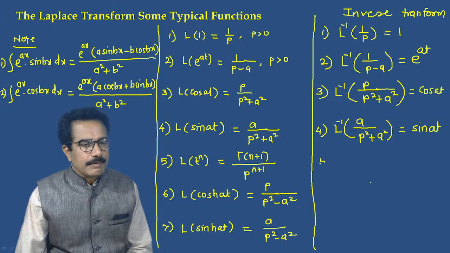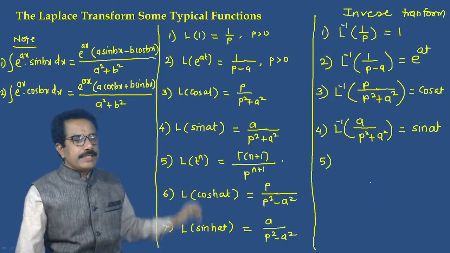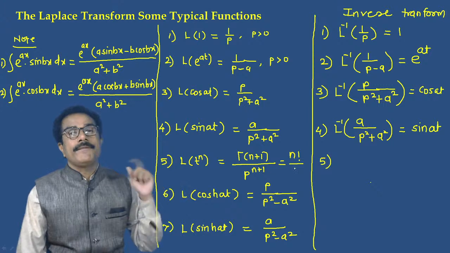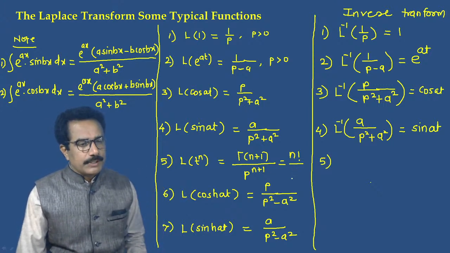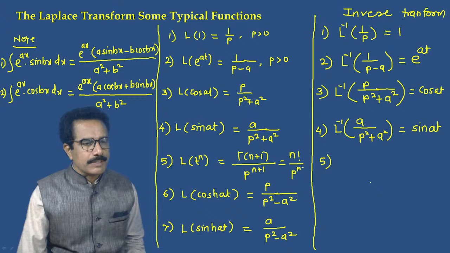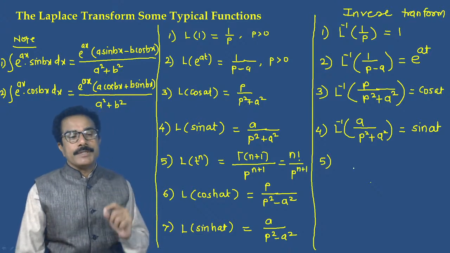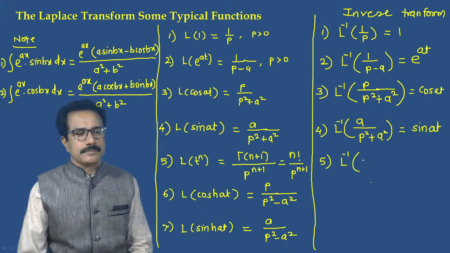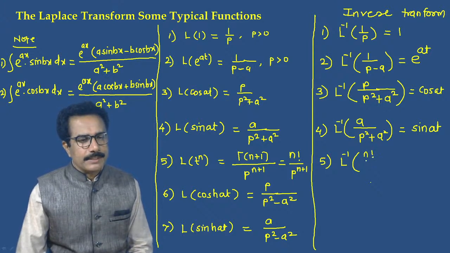Next, the fifth formula. This can be written as gamma function of n plus 1, which is also denoted by n factorial, divided by p raised to n plus 1. So in the Laplace transformation, L inverse of n factorial divided by p raised to n plus 1 is t raised to n.